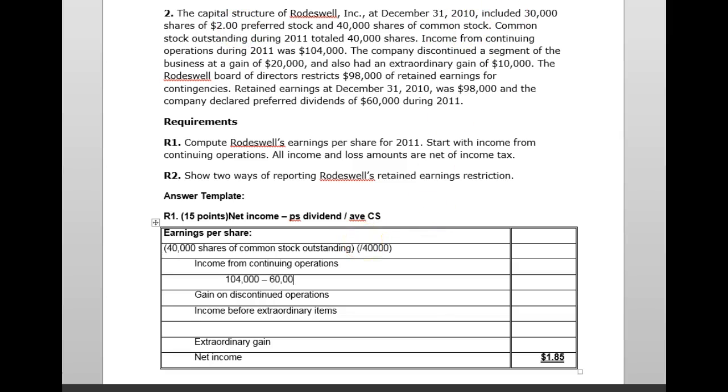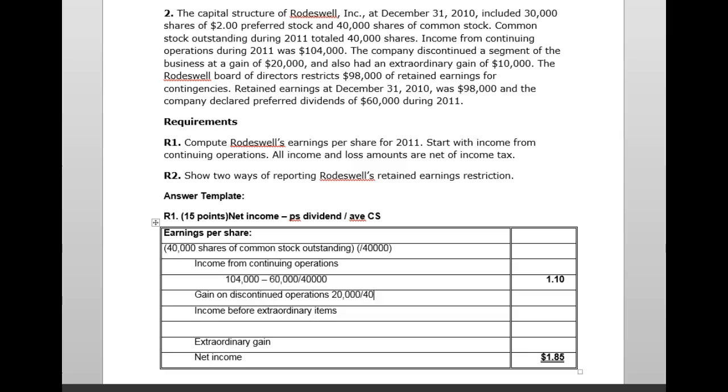So that's minus 60,000, and that then gets divided by 40,000. And that will give us our net earnings per share from operations, and that's $1.10.